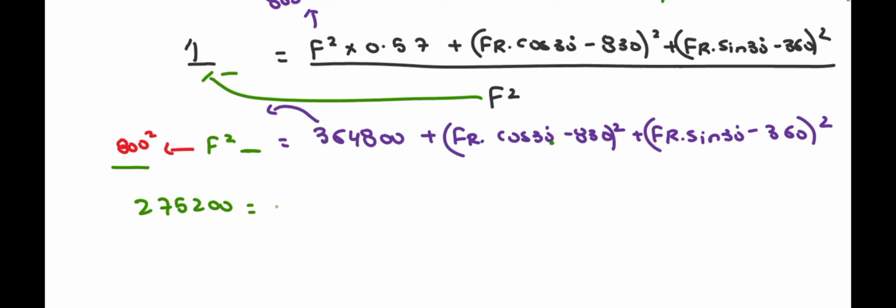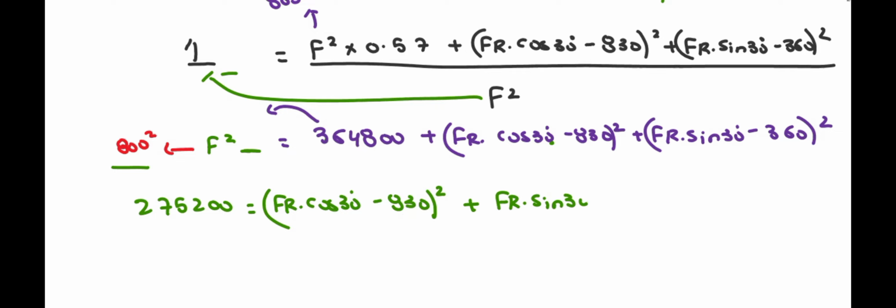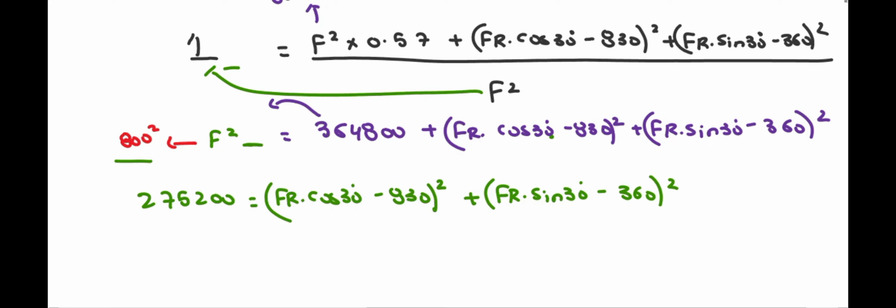275200, which is equal to FR dot cos 30 degree with negative 830 whole square, with positive sign FR dot sine 30 degree with negative 360 whole square. Now let's solve it further. This is our a minus b whole square, and this is also a minus b whole square.